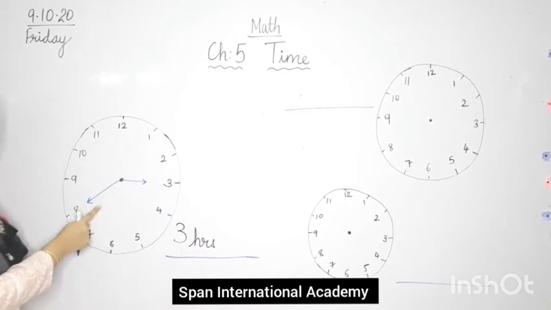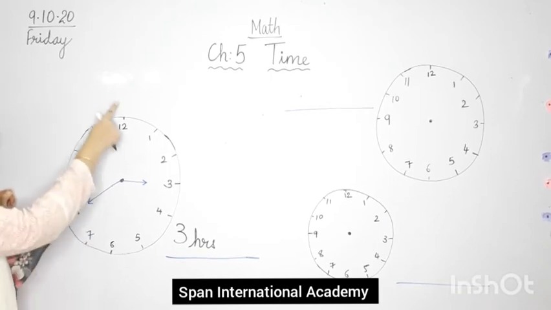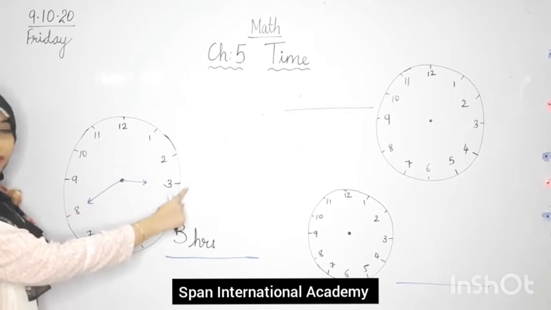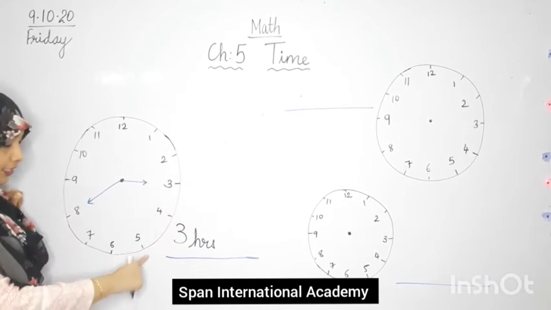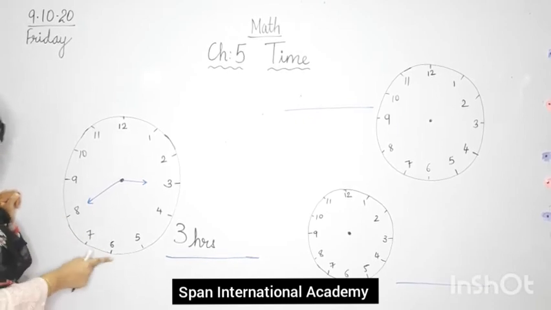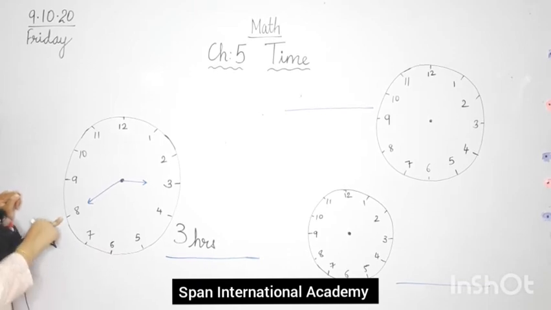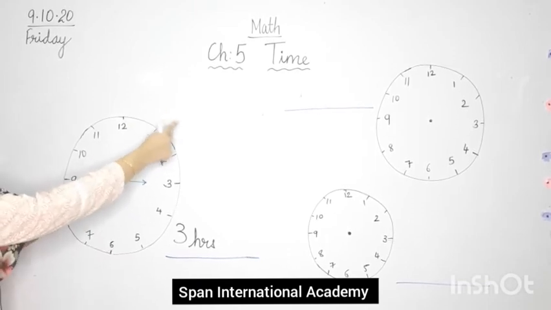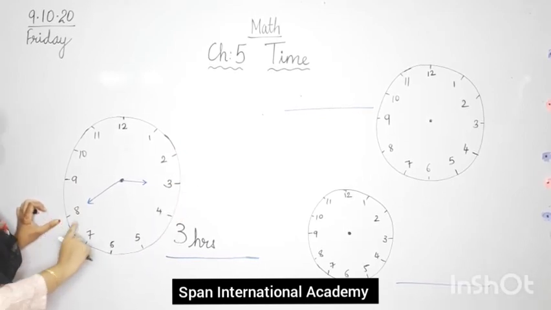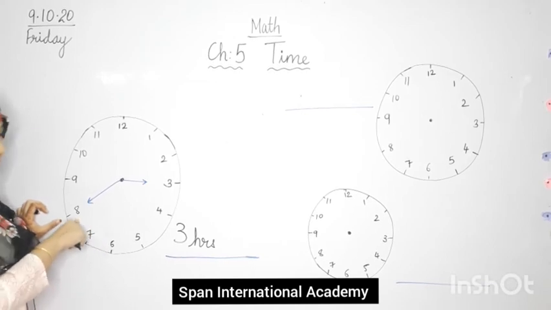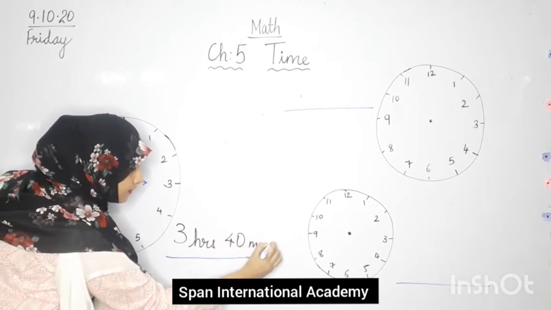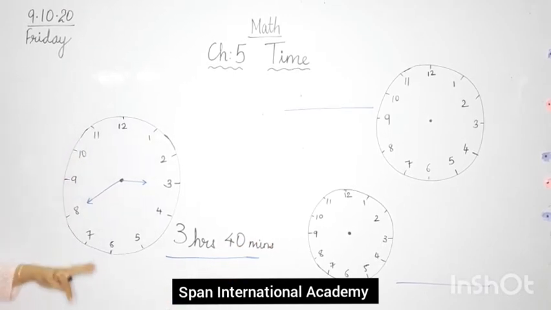And now, where is the minute hand? 60 is here. Then we have 5, 10, 15, 20, 25, 30, 35, 40. On 8, we have 40 minutes. That means the time is 3 hours, 40 minutes. Okay, this is the time on this clock.